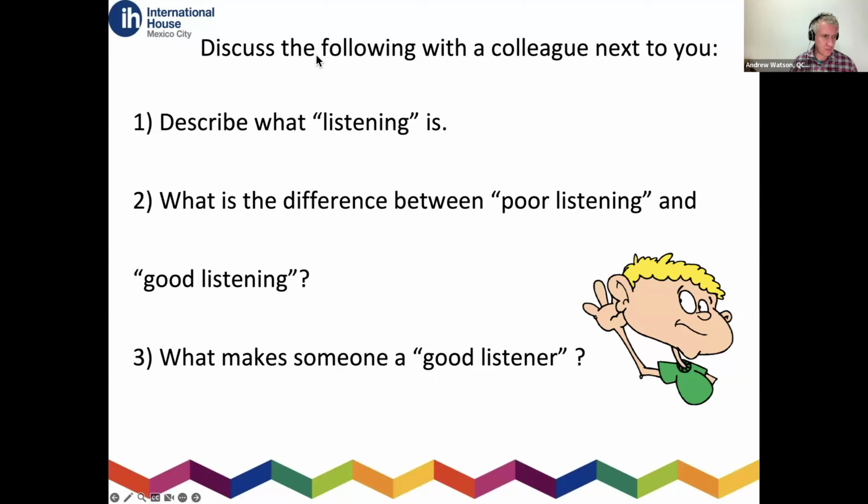So, and reacting, right? Responding. So, being able to respond, is that what you would say makes a good listener? Can anyone answer that one? What makes a good listener? I think being a good listener is about being able to break the message that you're receiving through your hearing into parts and maybe understanding it on a deeper level.